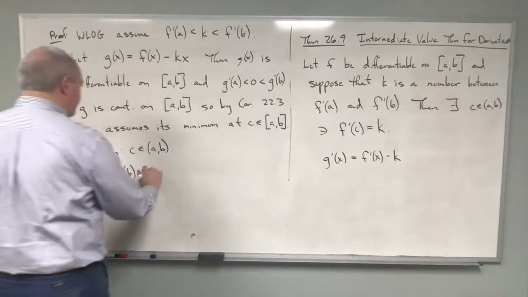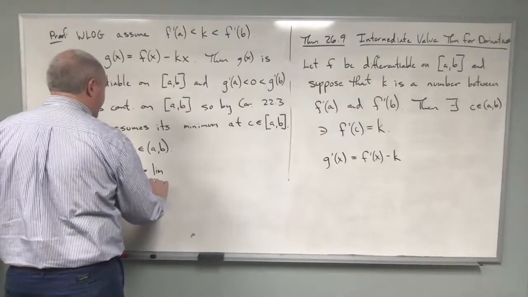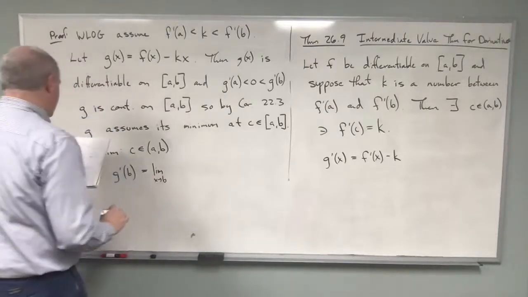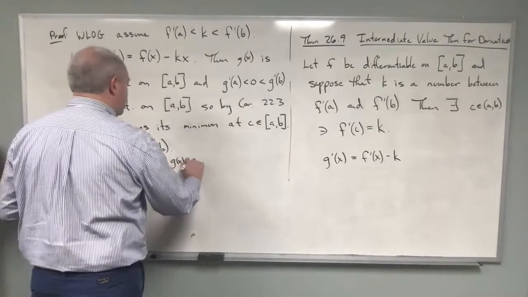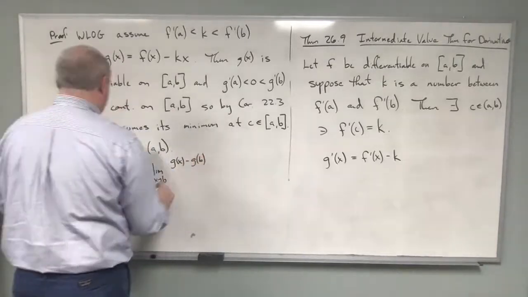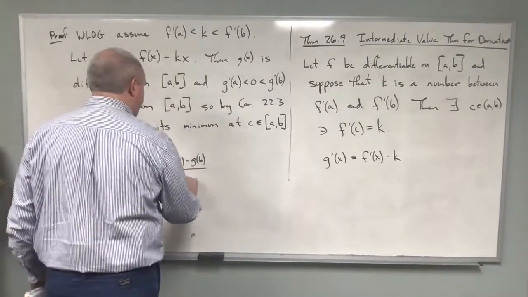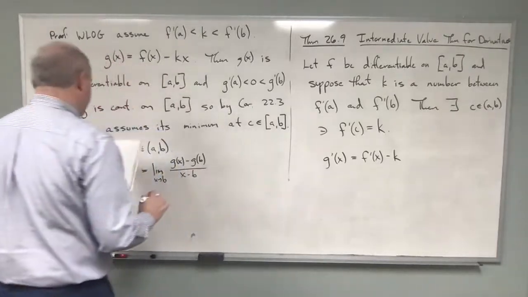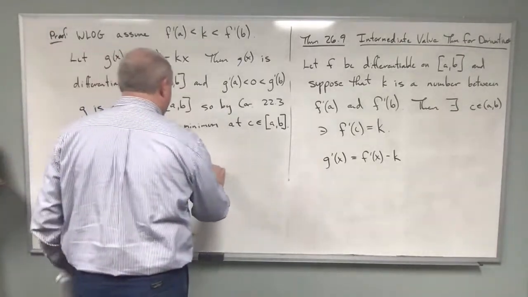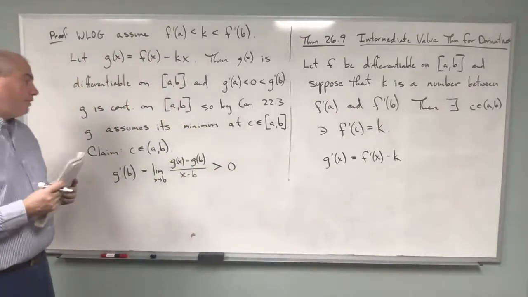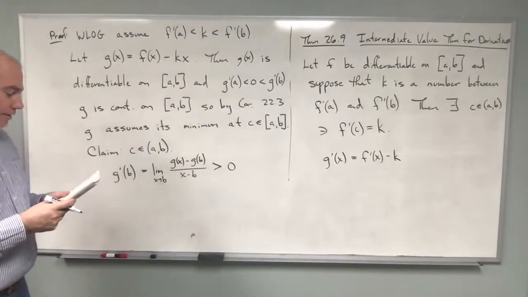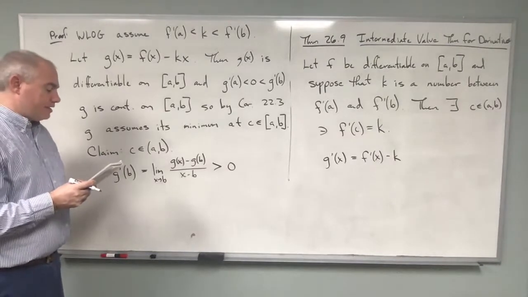So let's write it that way. This is equal to the limit as x goes to B of G of x minus G of B over x minus B, which is positive. So why is this thing positive?